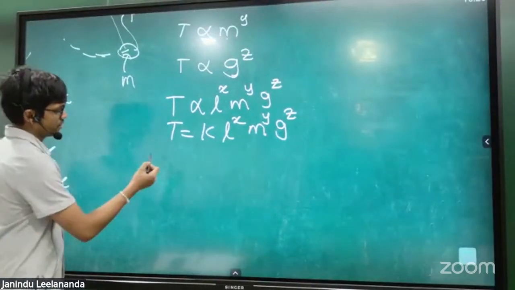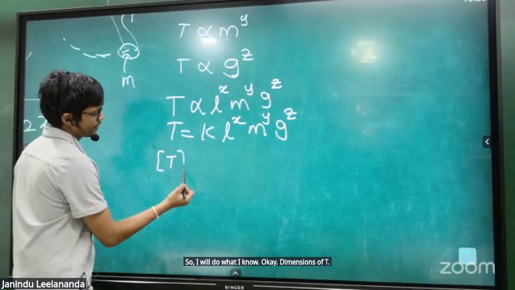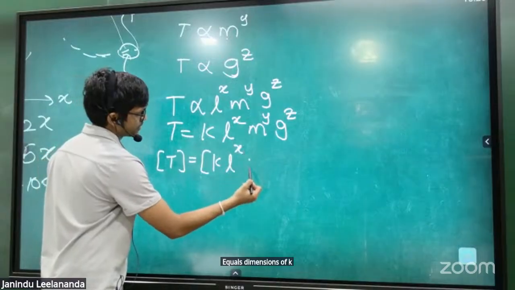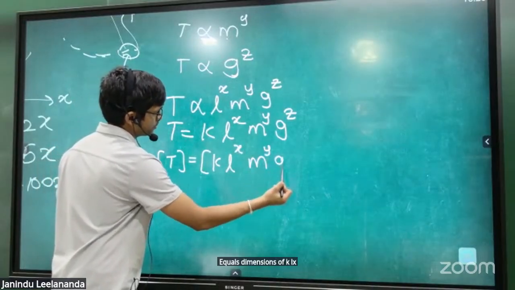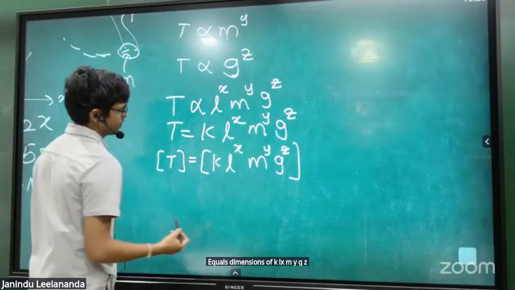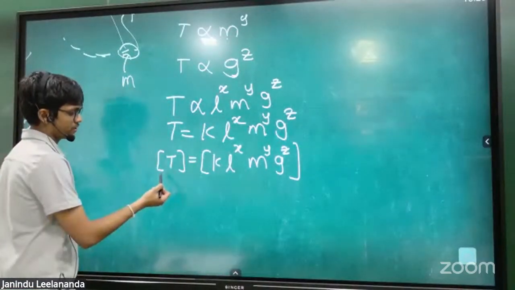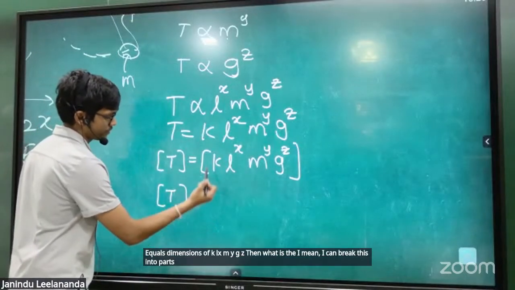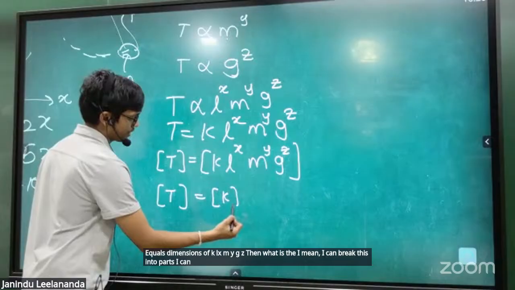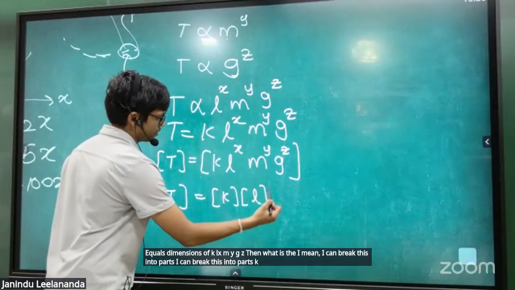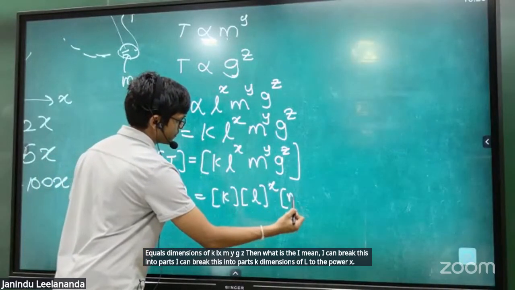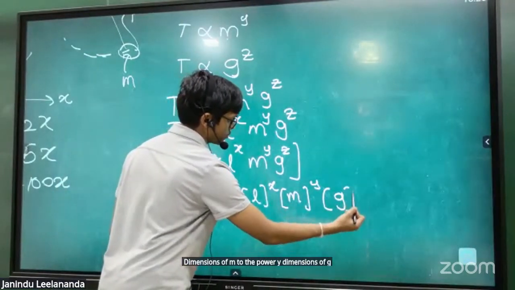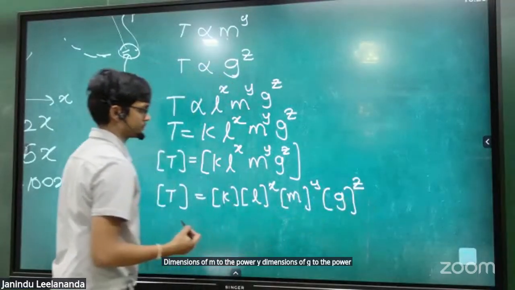Dimensions of T equals dimensions of k, L^x, M^y, G^z. I can break this into parts: dimensions of k, dimensions of L to the power x, dimensions of M to the power y, dimensions of G to the power z.